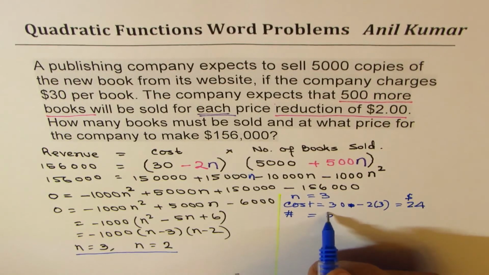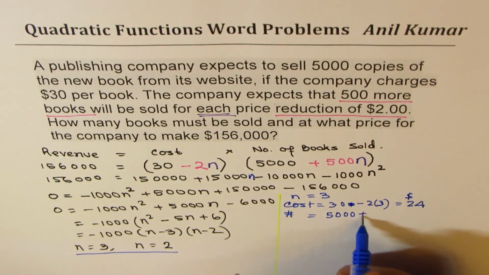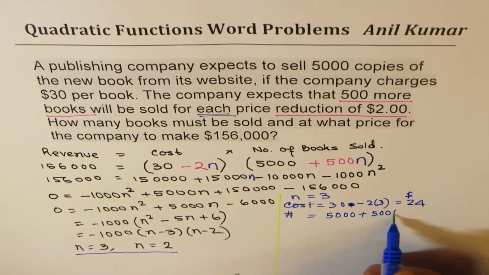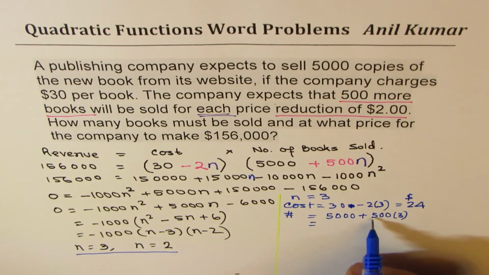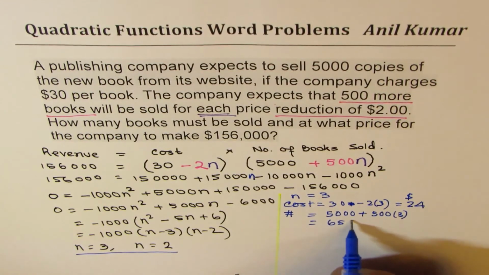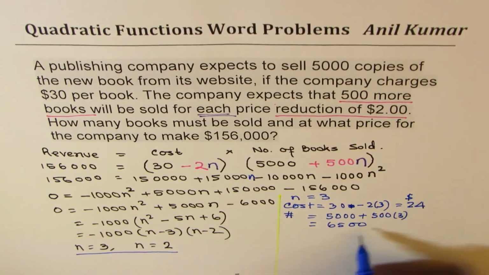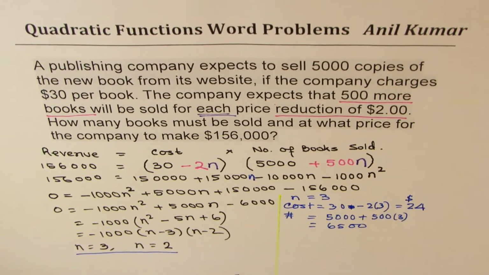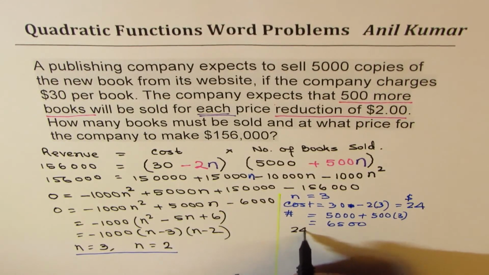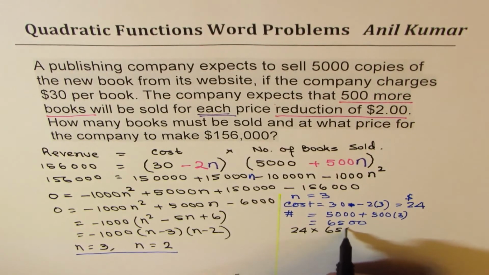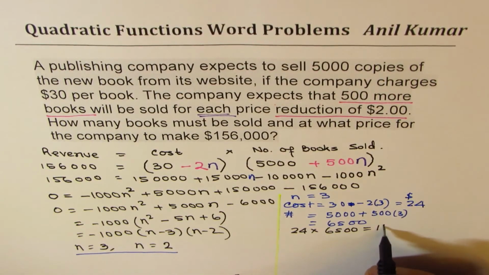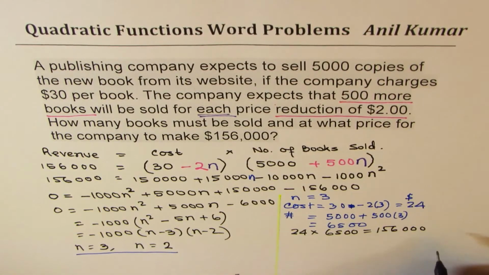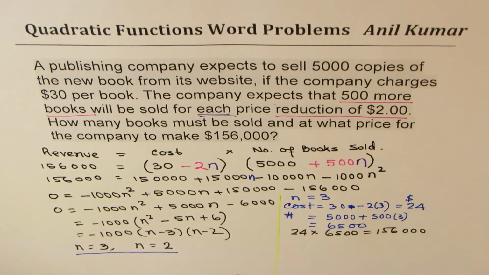Will be 5,000 plus 500 times 3, which is 5 times 3 is 15, 6,500. Is it okay? So that is what we get. So you can check if 24 times 6,500 is equal to that amount. So that is a check, right? 156,000, you should get. So you can check that.